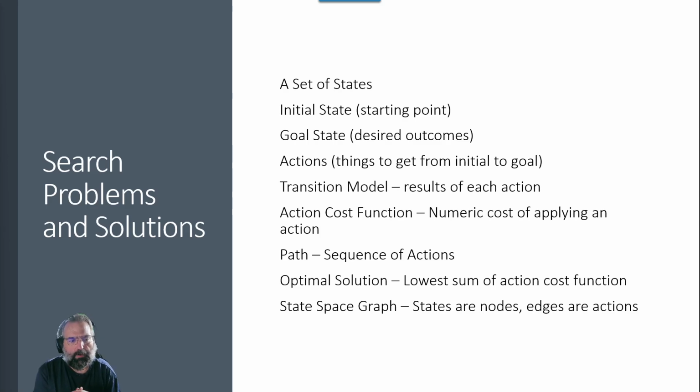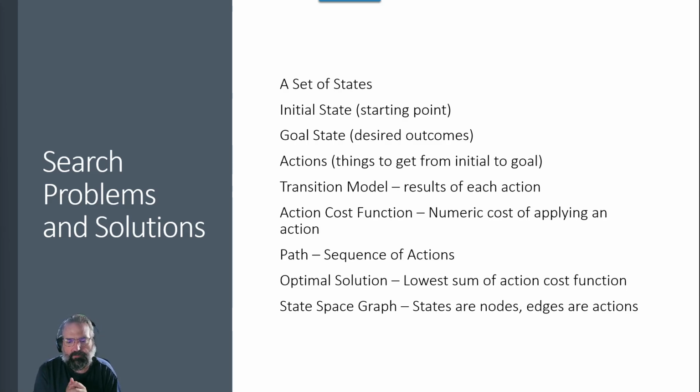When we talk about search problems and solutions, there's an initial set of states. So you've got a set of states, which is your starting point, and the goal state, which is the desired outcome. Actions are things that get you from initial to goal. And then the transition model is the result of each action. So something happens as a result of the action. Then the action cost function is a numeric quantity that's applied for taking an action.